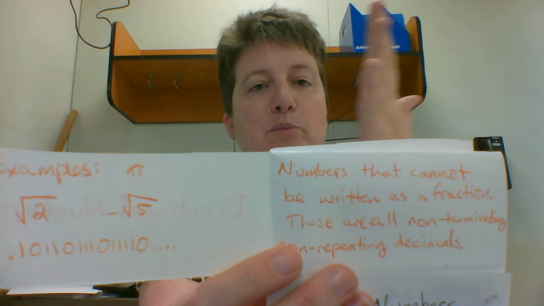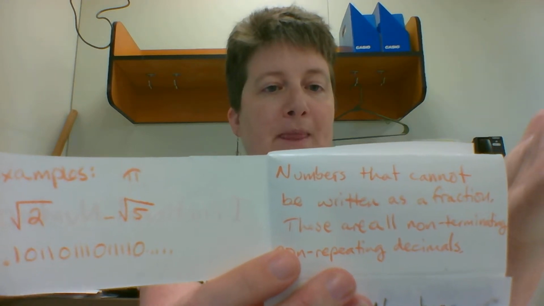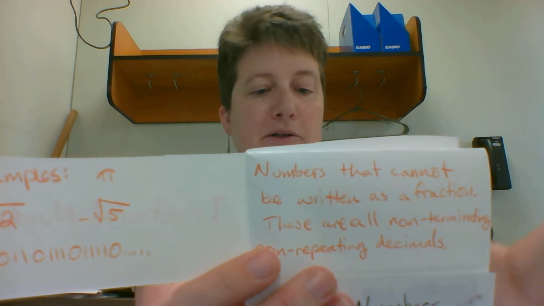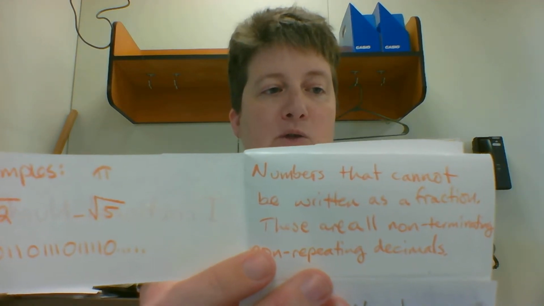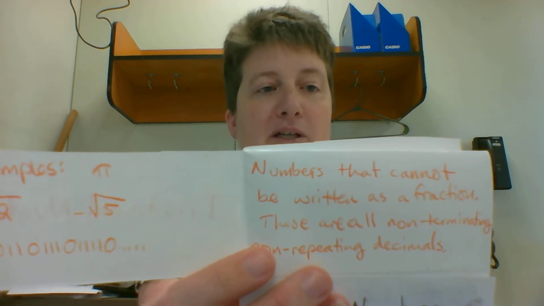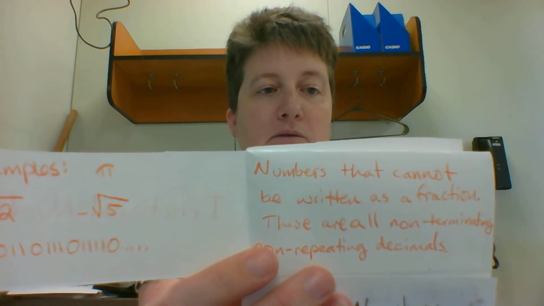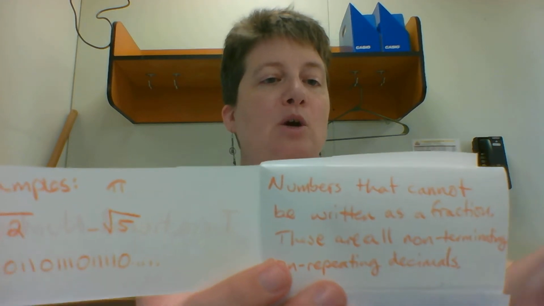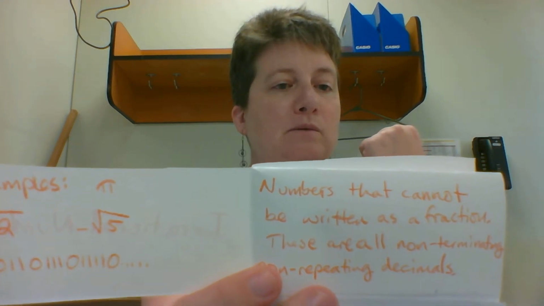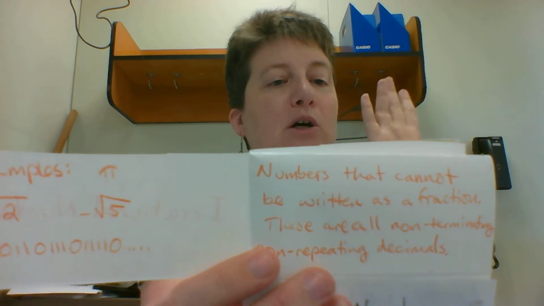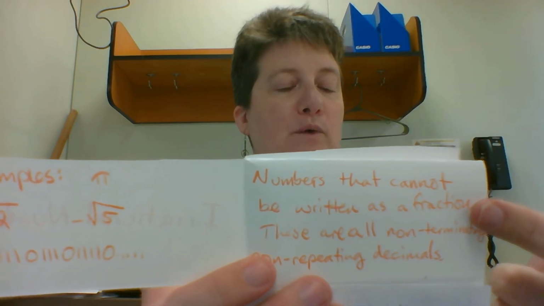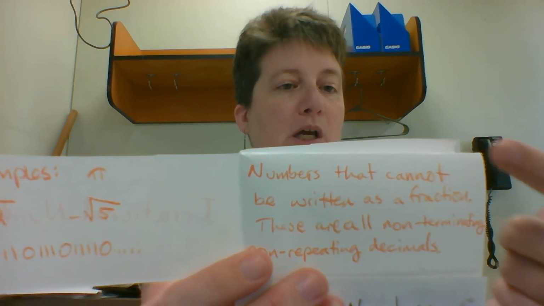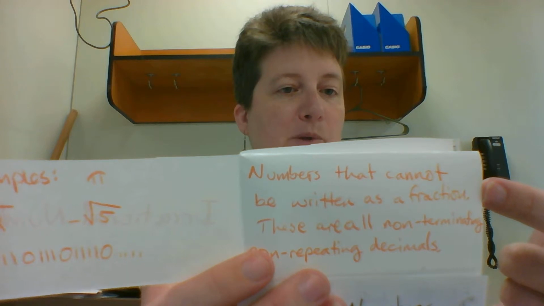Irrational numbers are all non-terminating, non-repeating decimals. In other words, they have decimal values that go all the way on to an infinite number of place values, but they don't have any repeating pattern. There's no way that you can divide two numbers to come up with one of these irrational numbers. So some of the characteristics that we know for our irrational numbers is that they are non-repeating decimals and they are non-terminating decimals.